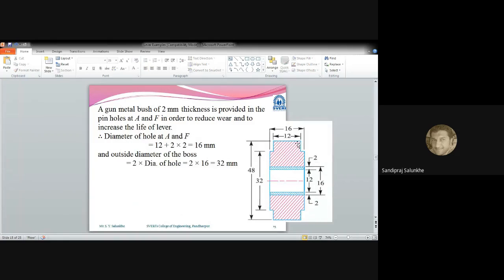This 12 which you have calculated as B, and 48 as T, is the cross section of that lever. So T is equal to 48 and B is equal to 12. Got it?